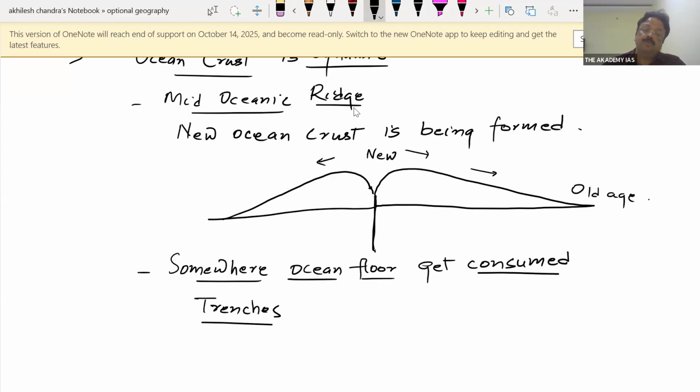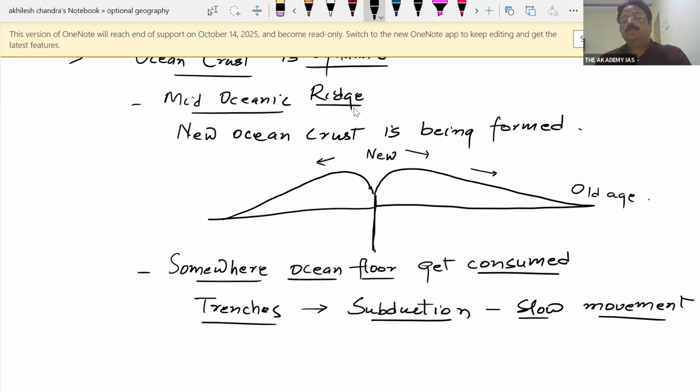It was found that near the trench there is subduction taking place, and slow movement of plate was observed.